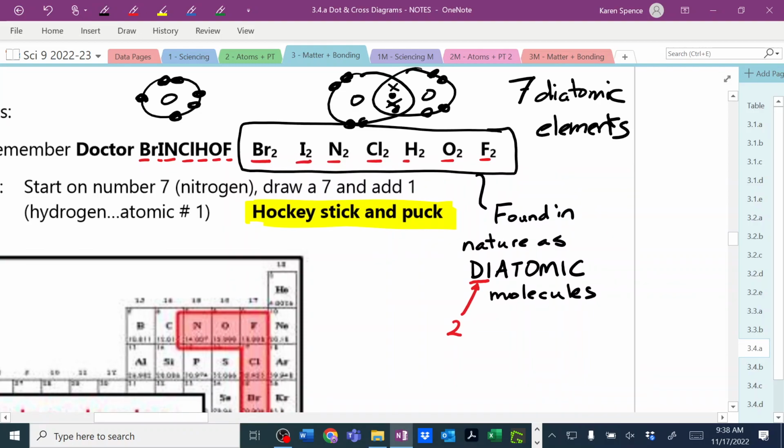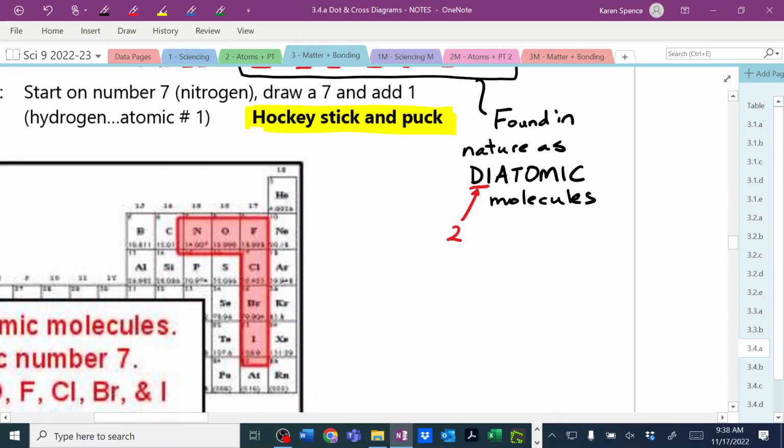If you go to element number 7, who is element number 7 on your periodic table? Get your periodic table out, because you might want to draw on it. Nitrogen is number 7.